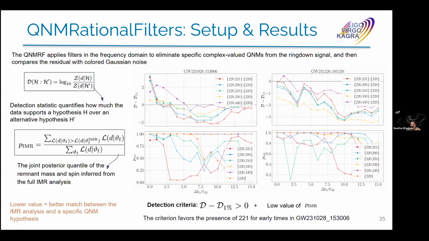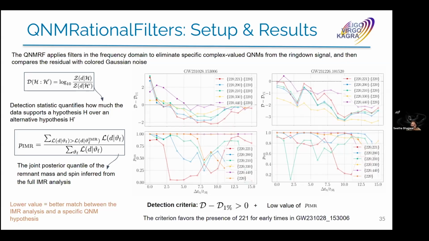The analysis start time is smaller than 2 TMF, which you can see on the rightmost plot. The detection statistic for the 2-1 mode exceeds the 1% false alarm threshold and improves the IMR consistency metric compared to the other candidates.